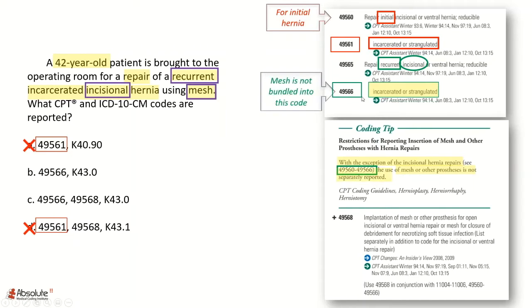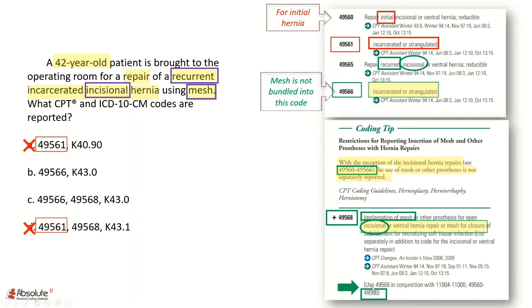It's not bundled into that code. So 49568 is needed. We've got to have that mesh with that. And again, it is for open incisional or ventral hernia repair mesh for closure.